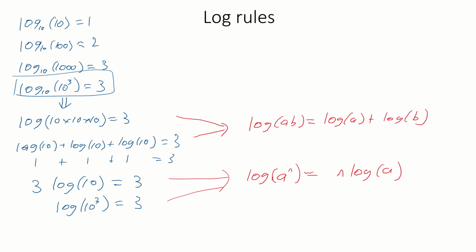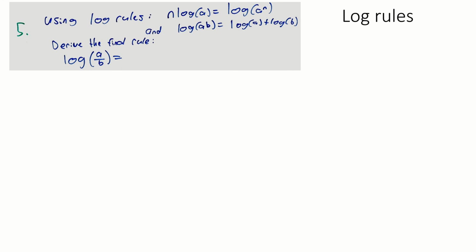Okay, now what we're going to do is use these 2 log rules to derive the 3rd log rule. So we've got these 2 log rules at the top: log of a times b equals log of a plus log of b, and log of a to the power of n can be rewritten as n times log of a. And we're going to use those 2 to derive the 3rd one.